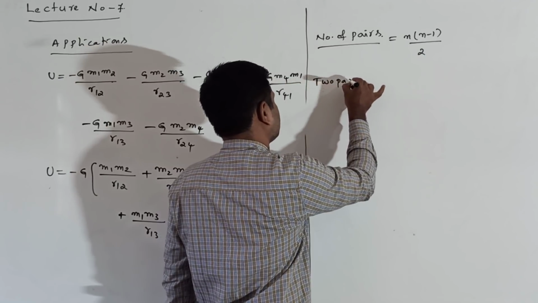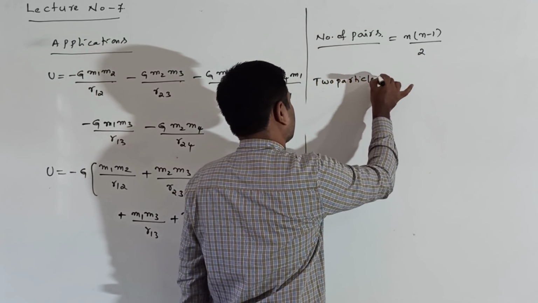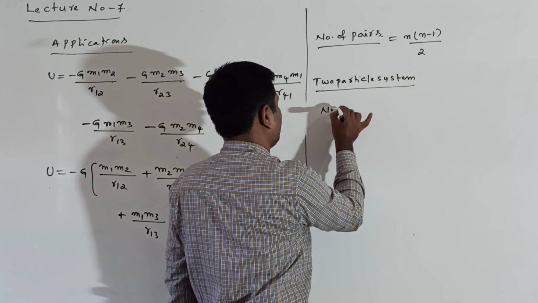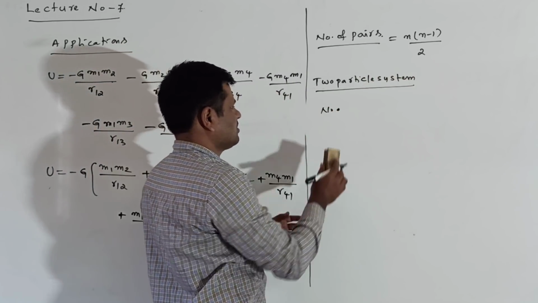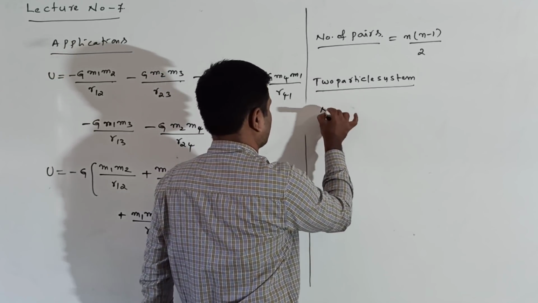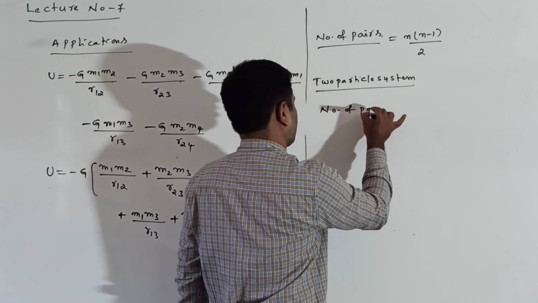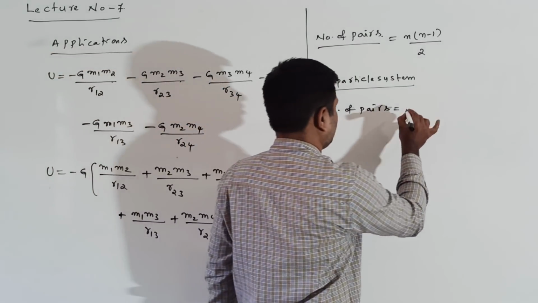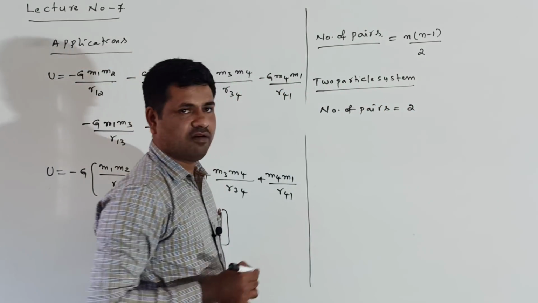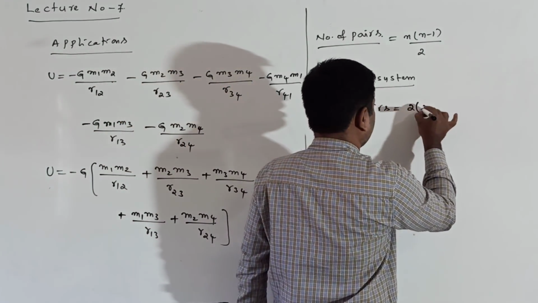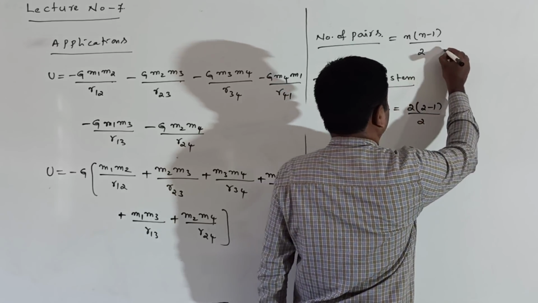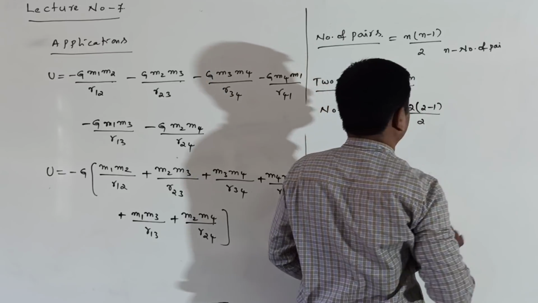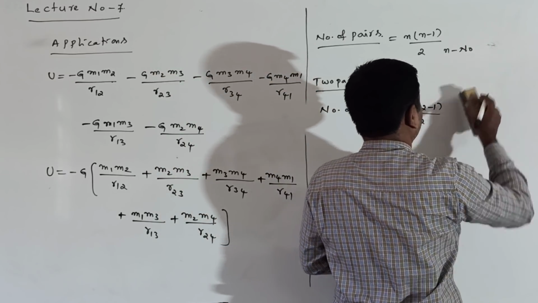For the 2 particle system, how many pairs are coming? The number of pairs is equal to 2 into... 2 particle system means n equal to 2. Here n represents the number of particles, not pairs.